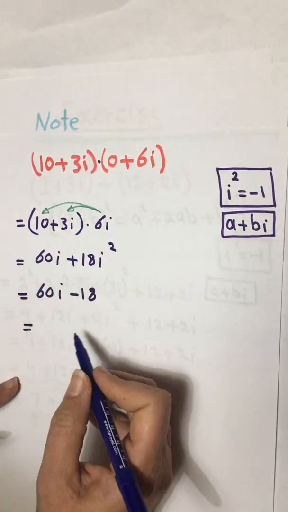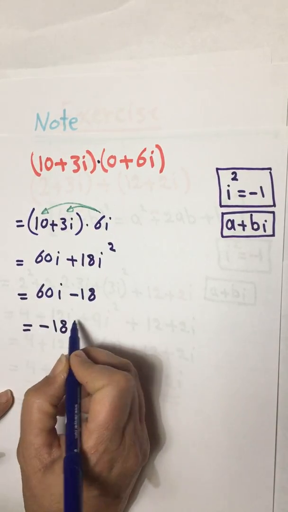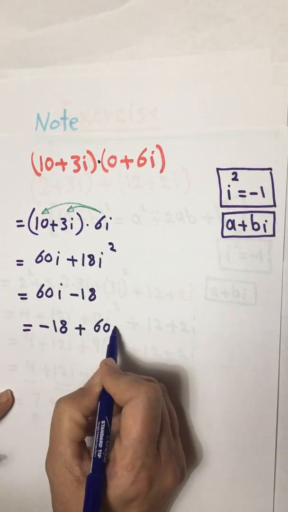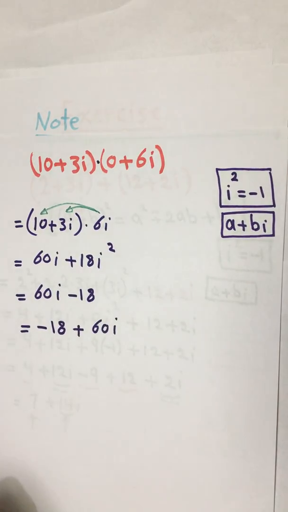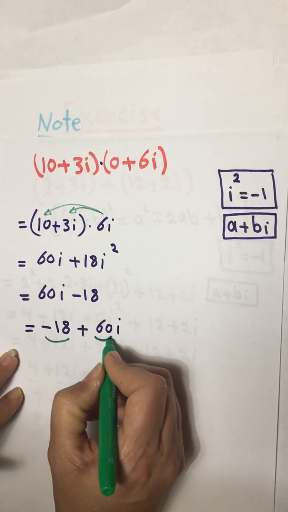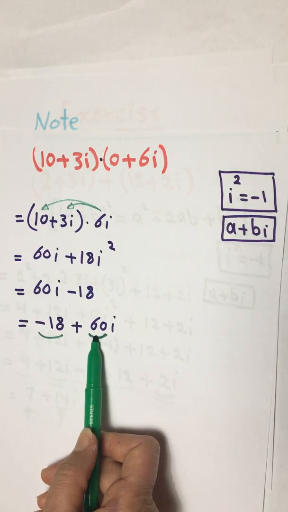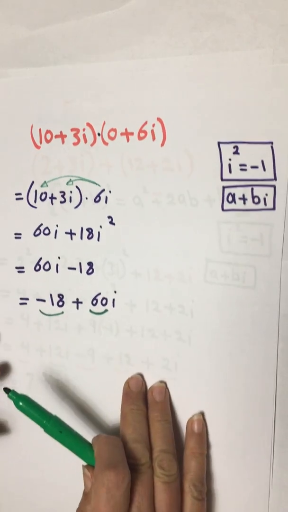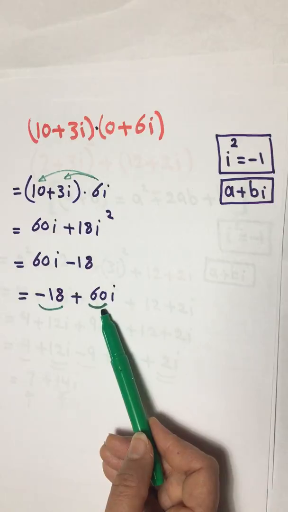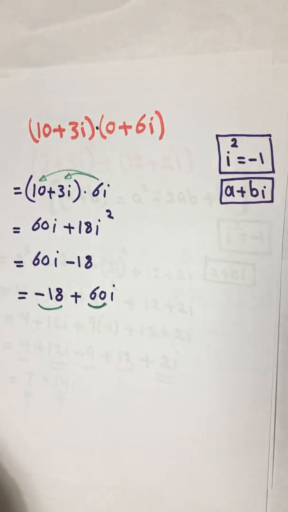So the complex number is -18, the real part first، يعني الجزء الحقيقي، زائد 60I الجزء التخيلي. This is the real part and 60 is the imaginary part. هذا الجزء الحقيقي وهذا الجزء التخيلي. فحولت هذا العدد إلى -18 plus 60I اللي هو العدد العقدي.